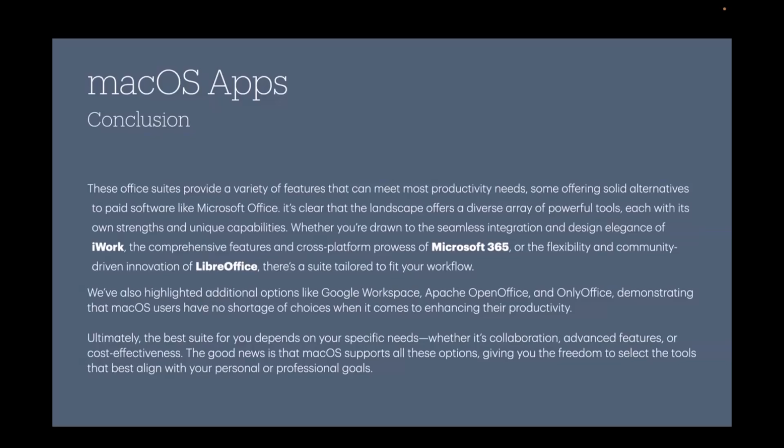Whether you're drawn to seamless integration and design of Apple's iWork, the comprehensive features and cross-platform prowess of Microsoft 365, or the flexibility and community-driven innovation of LibreOffice, there's a suite tailored to fit your workflow. We also highlighted traditional options like Google Workspace, Apache OpenOffice, and OnlyOffice. macOS users have no shortage of choices when it comes to enhancing their productivity.